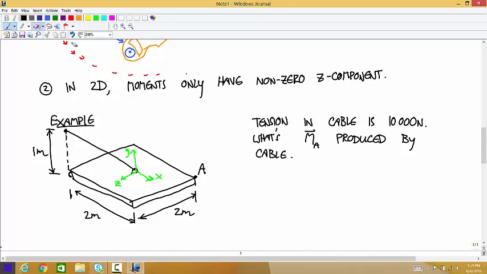And let's be clear about what body we're talking about. This is the moment produced by the cable on the plate.